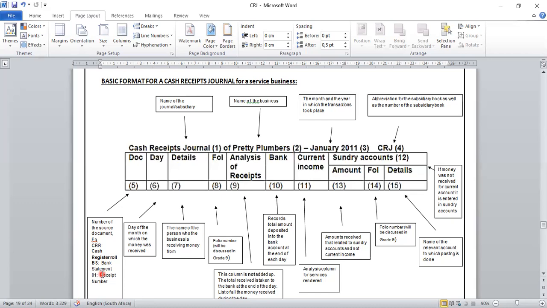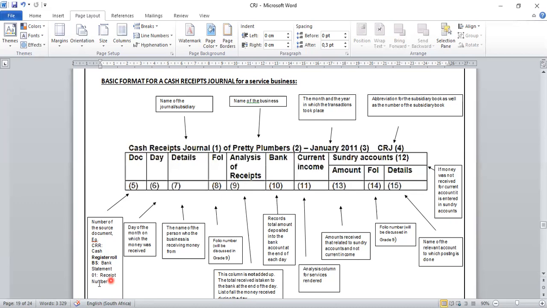Our third source document will be the duplicate receipts, where we write only the receipt number. And this source document can be used for monies received for rent income and commission income and any other income that we receive in the business besides for service fees.